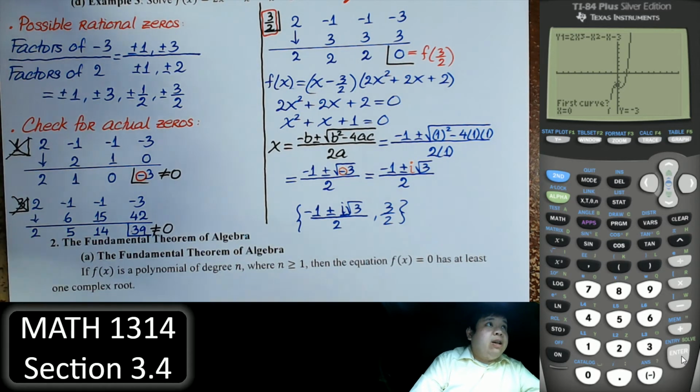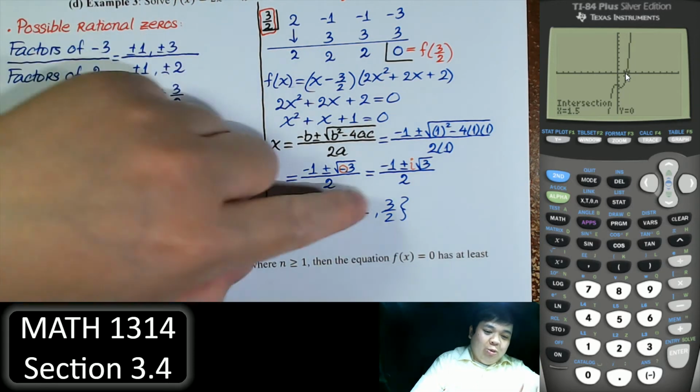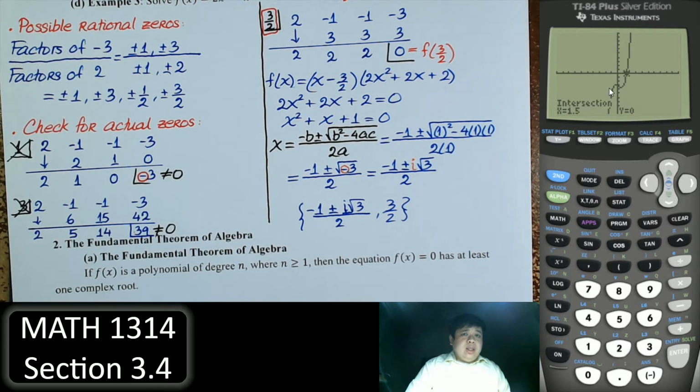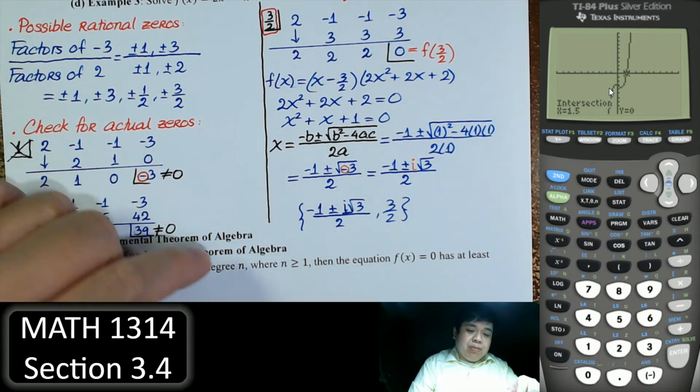The first curve is this function. The second curve is this function. And when we guess, we just need to move closer to the solution. Hit enter. If we jump right into it, we get 1.5, which is 3/2. Of course, if we have a calculator, we can just do that to get 3/2.